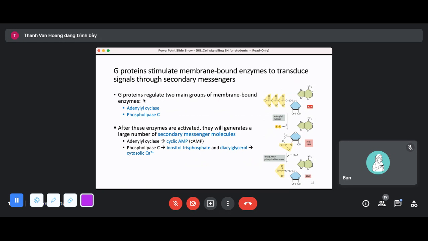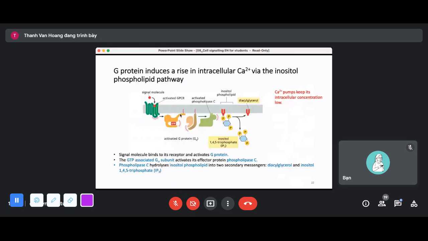So again, the mechanism is very similar. When the G protein is activated, the beta gamma subunit of the G protein can activate phospholipase C. Phospholipase C can cut inositol phospholipid in the membrane.